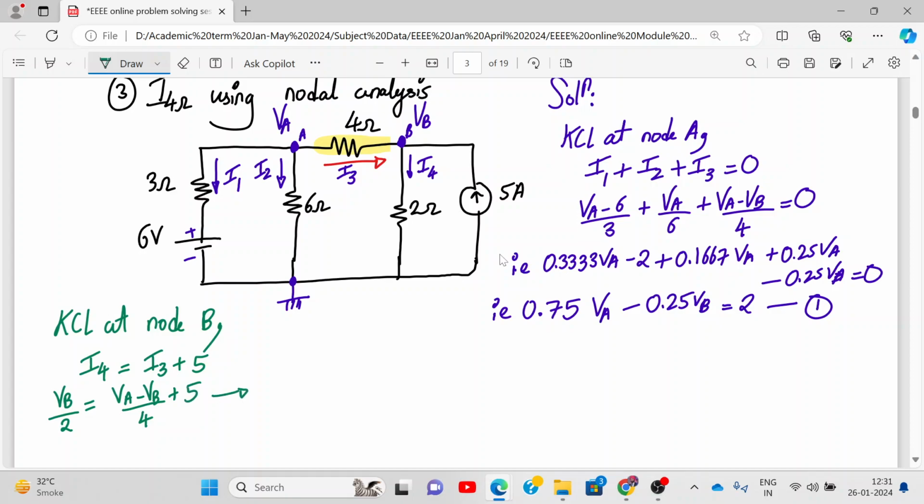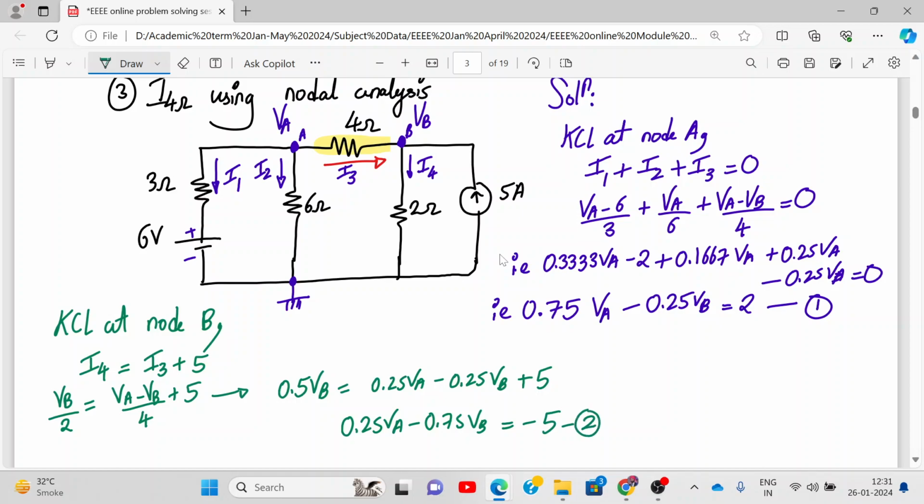So let's solve this. This is 0.5 VB equal to 1 upon 4 is 0.25 VA minus 0.25 VB plus 5. So what do we get? 0.25 VA. This will become minus, so minus 0.75 VB equal to minus 5. This is equation number 2. Let me know if you get the same equation.